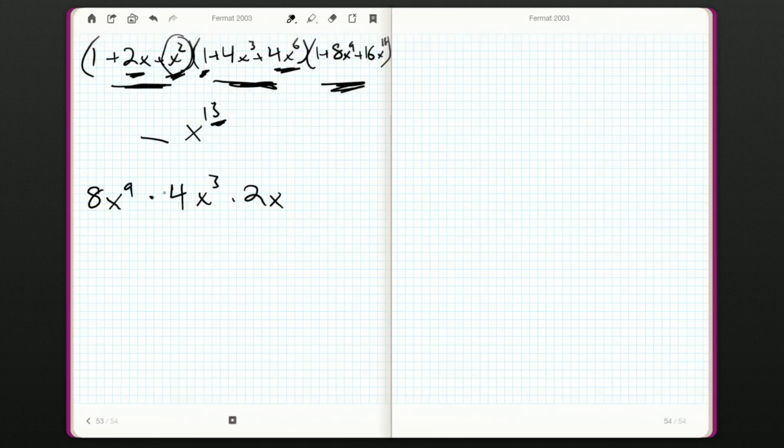Okay, so there was really only one way to get this x to the 13 here. And it would have 8 times 4 times 2, 64 x to the 13. That's the only way this is going to work. It's the only way to get x to the 13.